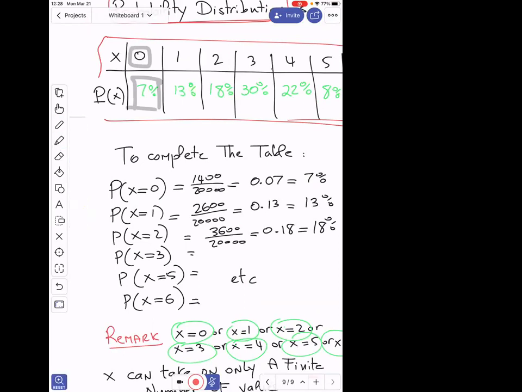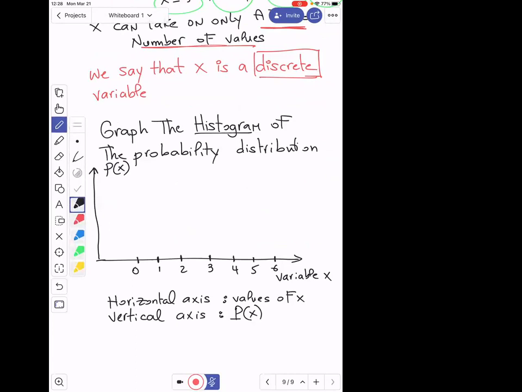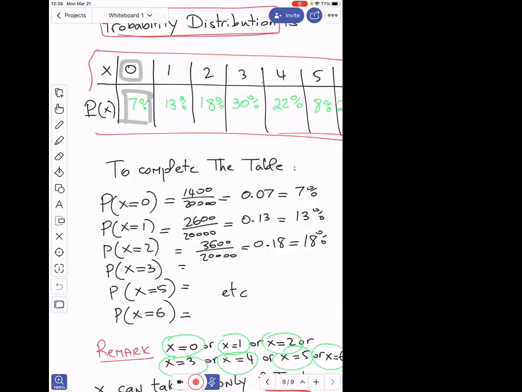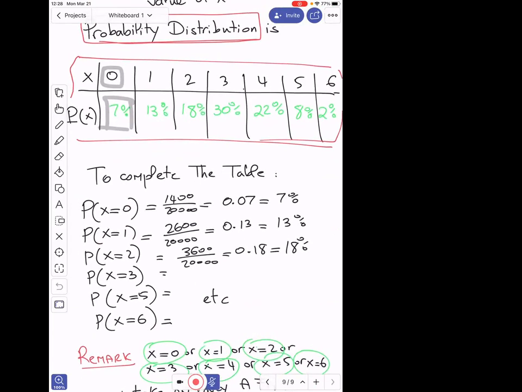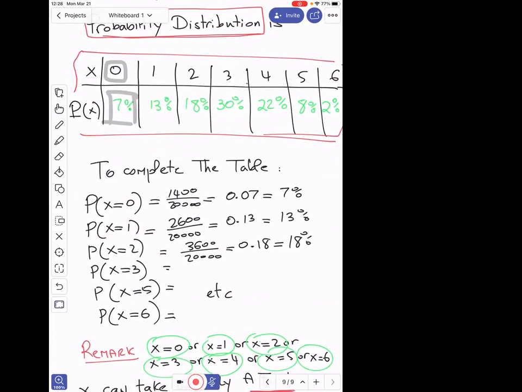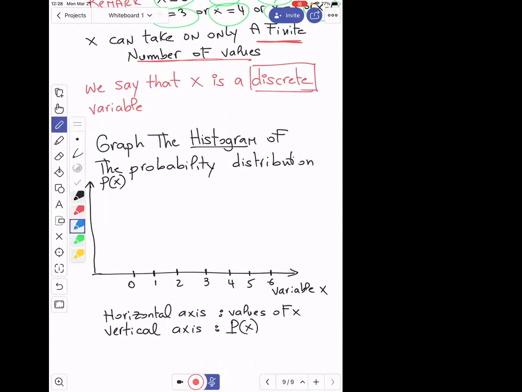So here we have 7%, 13, 18, 30, 22, 8, and 2%. The smallest p of x is 2%, or 0.02. So let's plot the 0.02, or 2%.